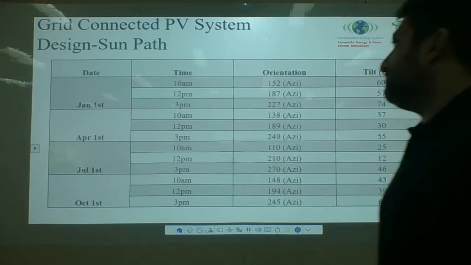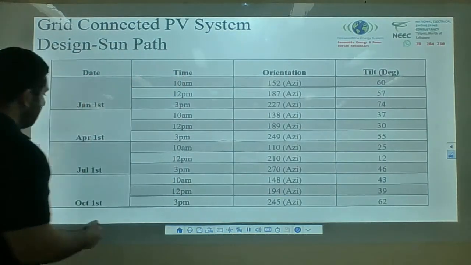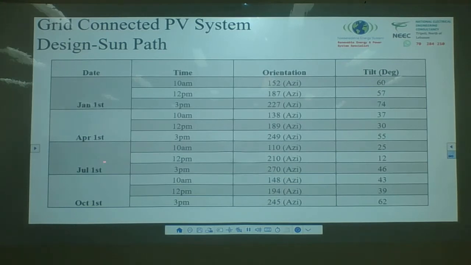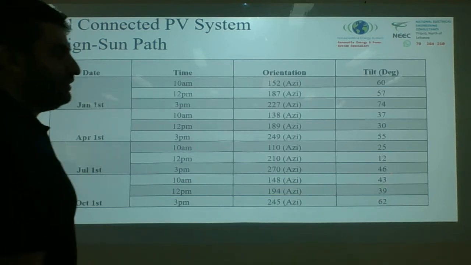So if I'm designing, for example, for the summer, as you can see, at midday in summer, that's when I have the strongest radiation, the tilt will be maybe 10 to 20 degrees. For April, 30 degrees. For the 1st of October, the tilt is 39 degrees.